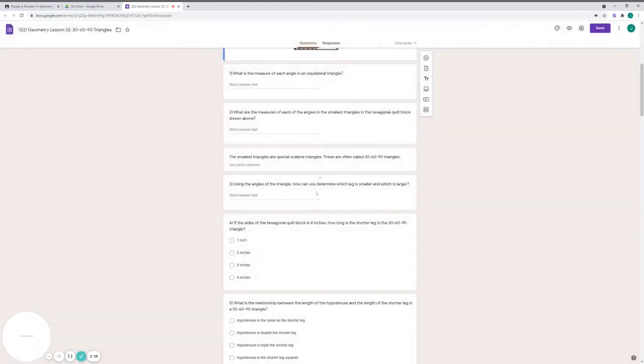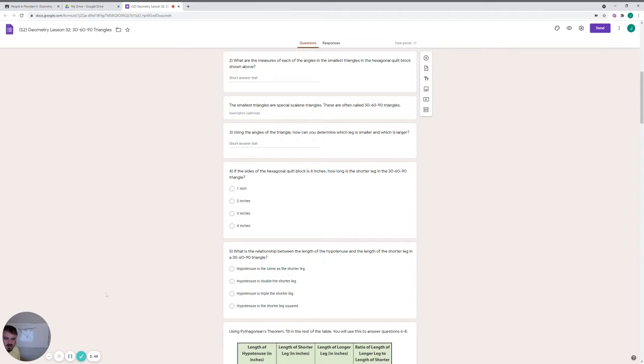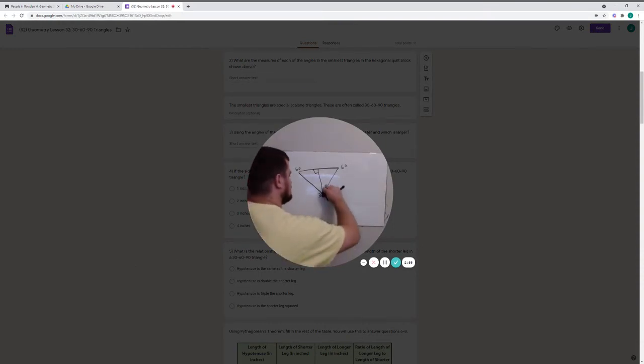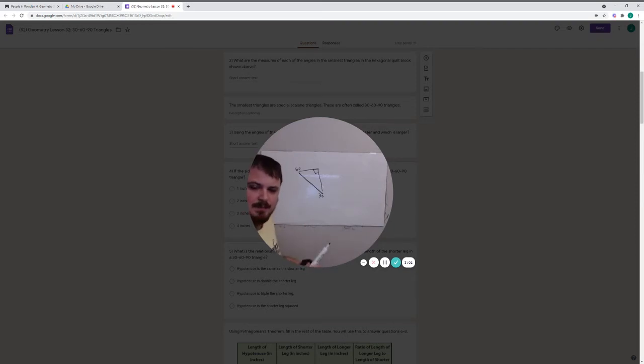So if we continue, using the angles, how can we decide which leg is smaller and which leg is larger? So let's now focus in on just one of these triangles. I'm going to erase the other half. So which would be the smallest leg? Well, remember, the angle that the side is across from will determine the size of that side.